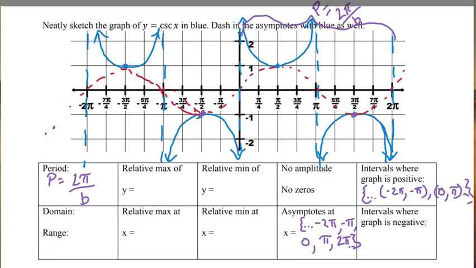Where it's negative is between negative pi and 0, and between pi and 2 pi. So this is your cosecant graph.